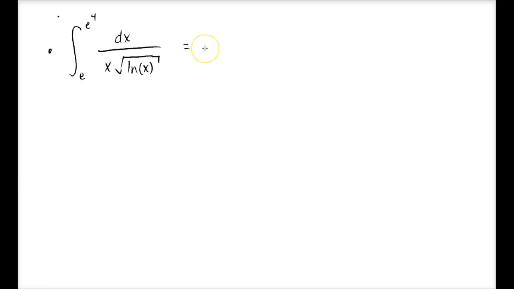All right, so we need to find something to substitute. Just by looking at this, we want to rewrite this to be the same as 1 over x times 1 over square root of natural log of x times dx.